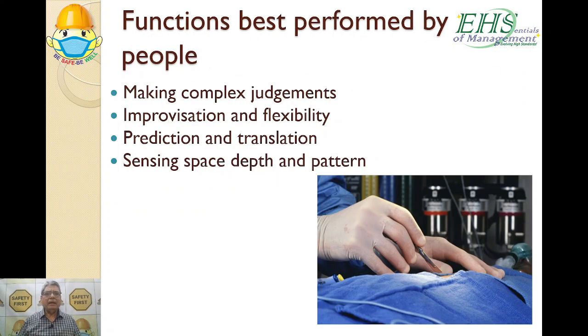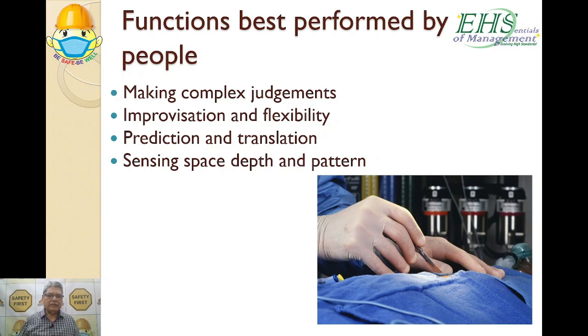Functions best performed by people, that means human beings: making complex judgments. Though nowadays there are computer-aided machines, very thinking machines, still there are certain complex judgments which only the human brain can make, and a machine cannot. Improvisation and flexibility: you can improvise your action, your body action, and you have flexibility. Our body has a certain flexibility in which we can twist or bend.